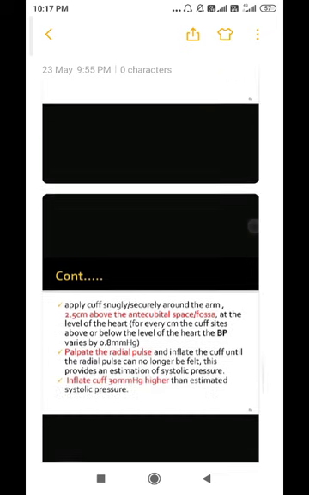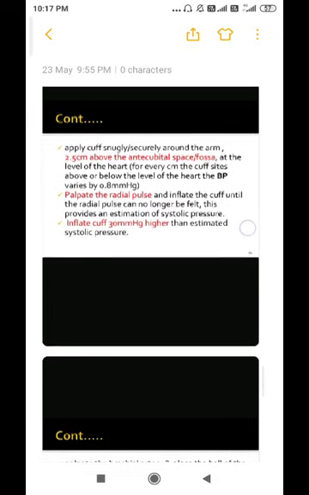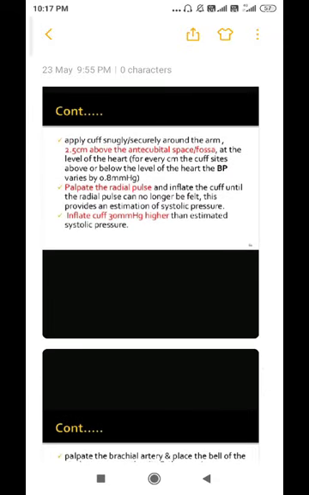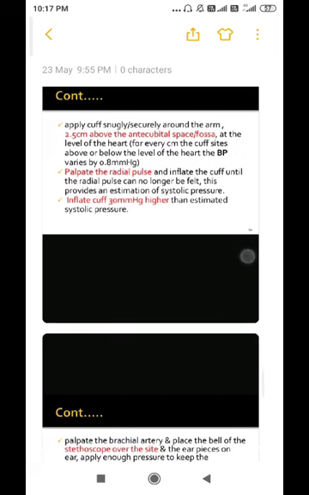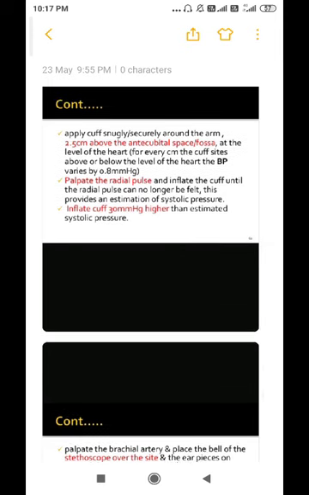Next, apply the cuff snugly and securely around the arm 2.5 centimeters above the antecubital fossa, at the level of the heart. For every centimeter the cuff sits above or below the level of the heart, the blood pressure varies by 0.8 mmHg.